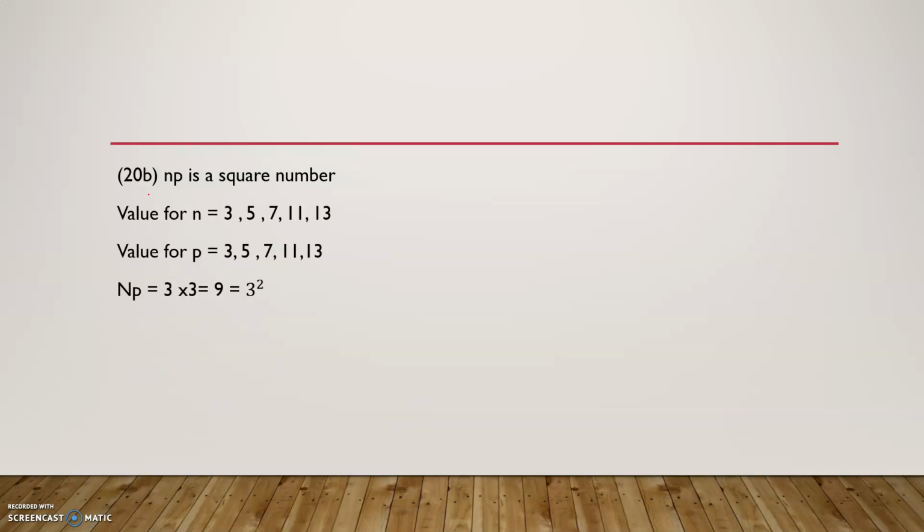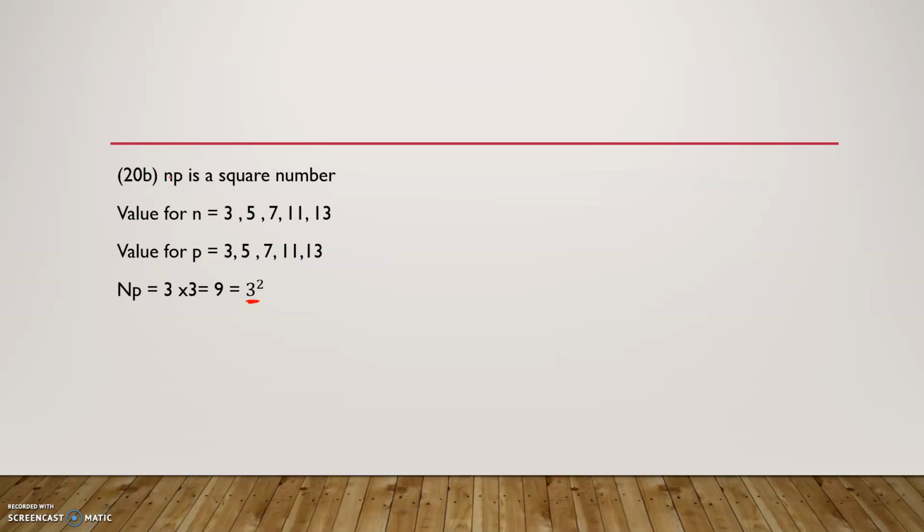And part B, question number 20, part B, says np is a square number, and the values of n would be 3, 5, 7, 11, 13, and the values of p would be 3, 5, 7, 11, 13. Now we'll have to prove it. So if we put 3 times 3, which would be 9, so 9 is a square number.